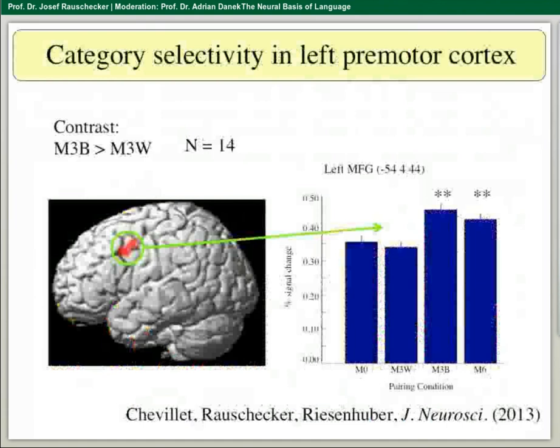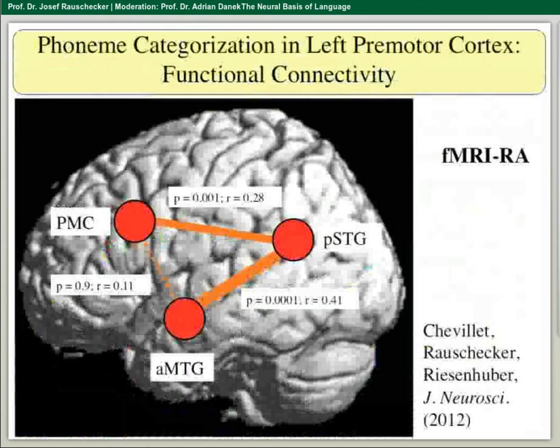So when you do morphing of different phonemes and then have subjects identify them without them knowing that they're actually phonemes, premotor cortex is the most active, in addition to some of the auditory areas, of course. And you've come up with this model that auditory cortex processes the spectral content, but then the temporal content and the order information is relayed to the premotor cortex. So this is your dorsal stream here that does some of this processing.